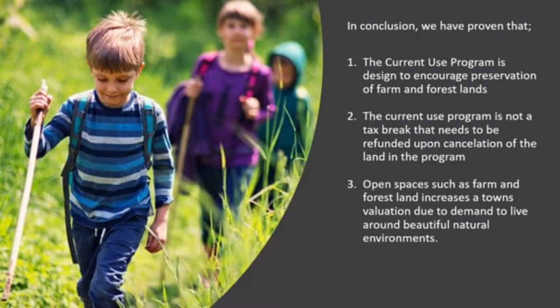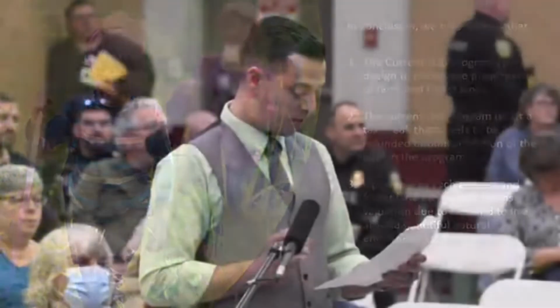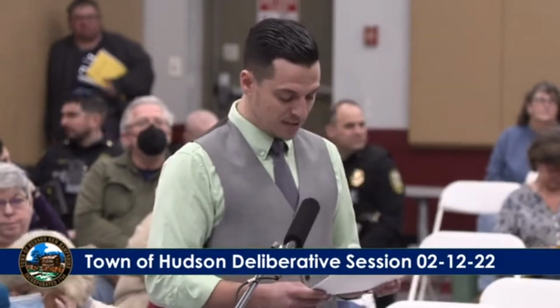Thus, in conclusion, 100% of these fees associated with the land use change tax should go directly to purchasing and protecting more open spaces via the Conservation Commission Fund. This supports the overall intent of the program and furthers the financial benefits to our state from protecting farm and forest land. Next slide, please.